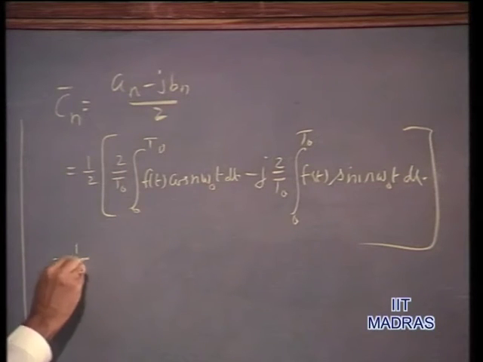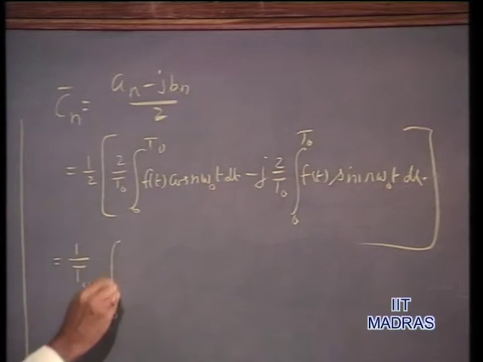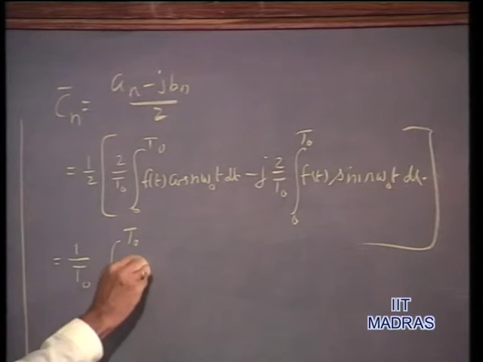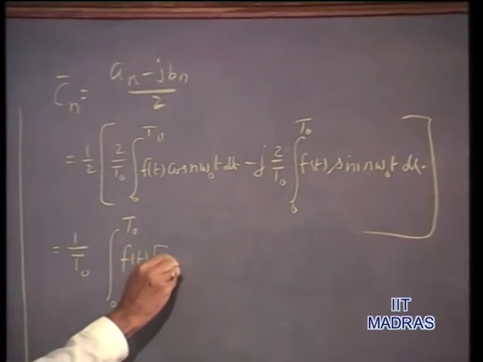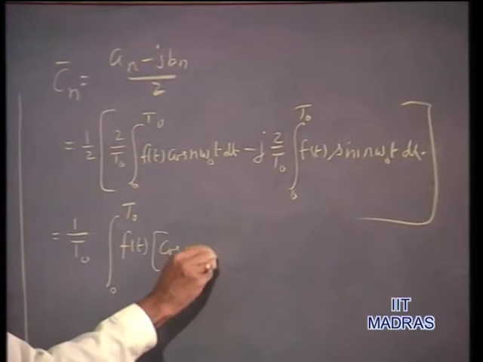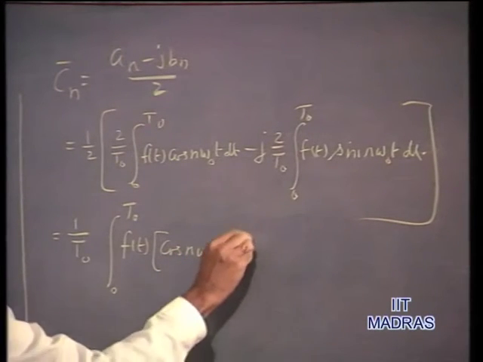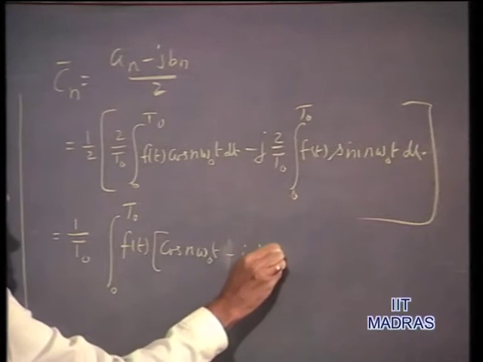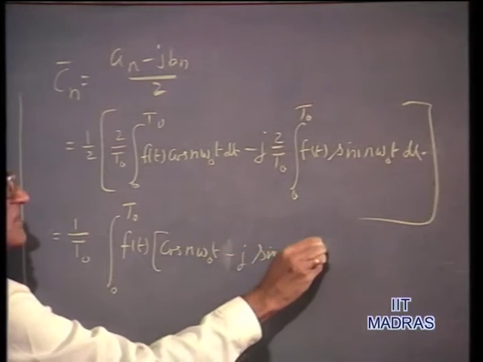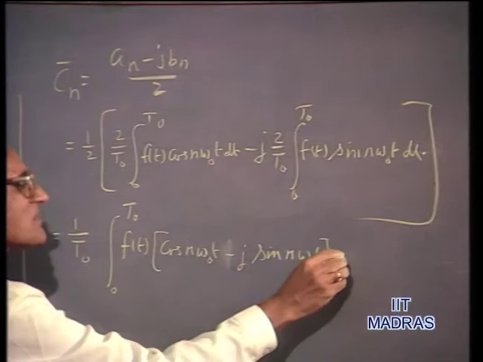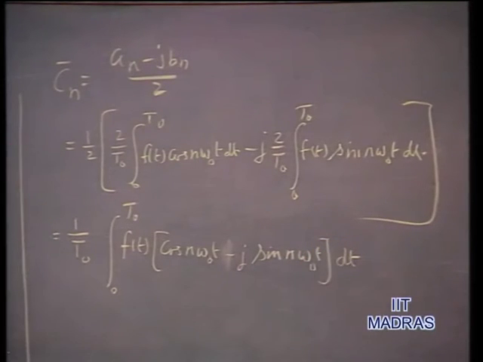So 1 upon T naught, 0 to T naught, f of t (cos n omega naught t minus j sin n omega naught t), and this we know is e to the power of minus j n omega naught t.